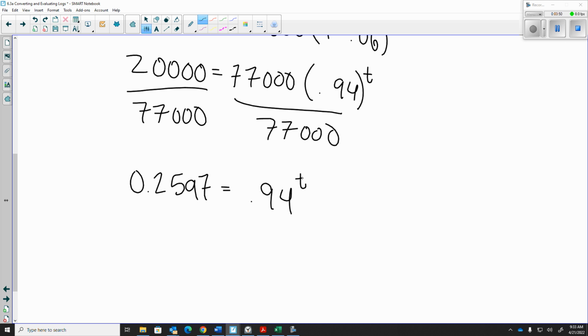And you don't want to get rid of the T. You want to solve for T. Well, it's 0.94 raised to the T power. So this is the problem. We get here and we're like, what do you do? We don't have an operation to do this. And that's the problem, okay? This is where logarithms come in.